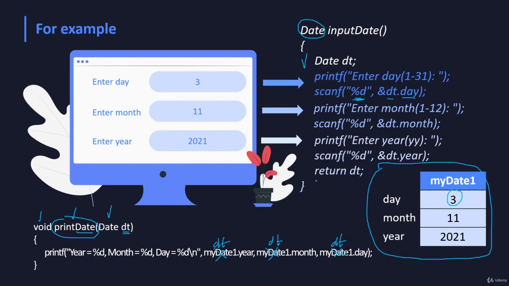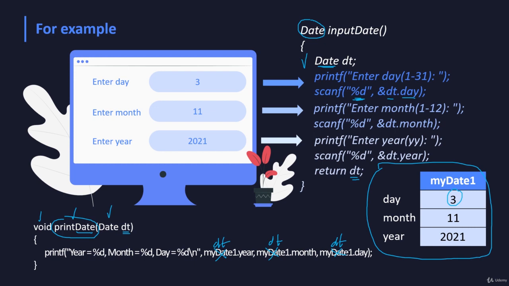So you simply return dt, and you know that dt is of type date, and you make sure that the signature corresponds to this type. Okay, guys, so you can see all these aspects here. Also, when you're writing a program, make sure that whatever you return corresponds in type to the return type as well as the value that you've created.